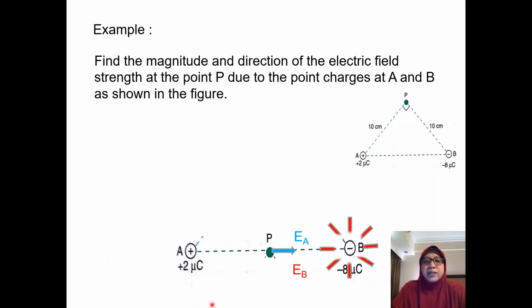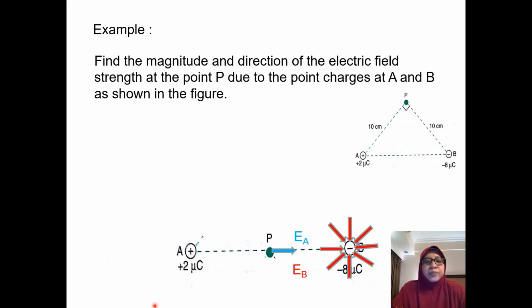For the negative point charge B, the direction of the electric field is radially inward. So we just choose the line of the electric field that lies along the line joining AB. So that means this one.